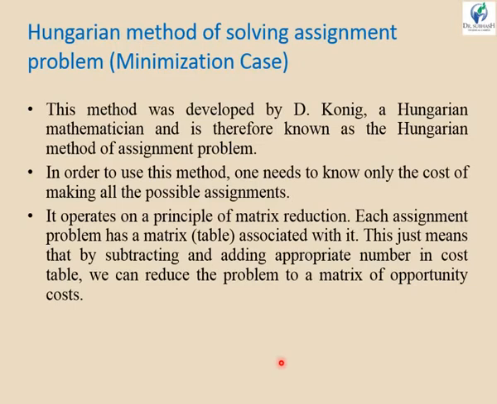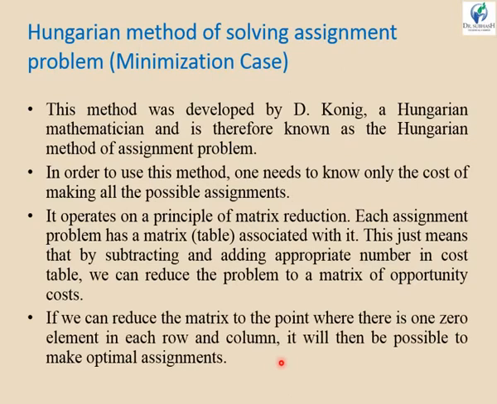Each assignment problem has a matrix table associated with it. This just means that by subtracting or adding appropriate numbers in the cost table, we can reduce the problem to a matrix of opportunity cost. So whether it requires adding some appropriate numbers or subtracting from the table, you will get an opportunity cost table or matrix.